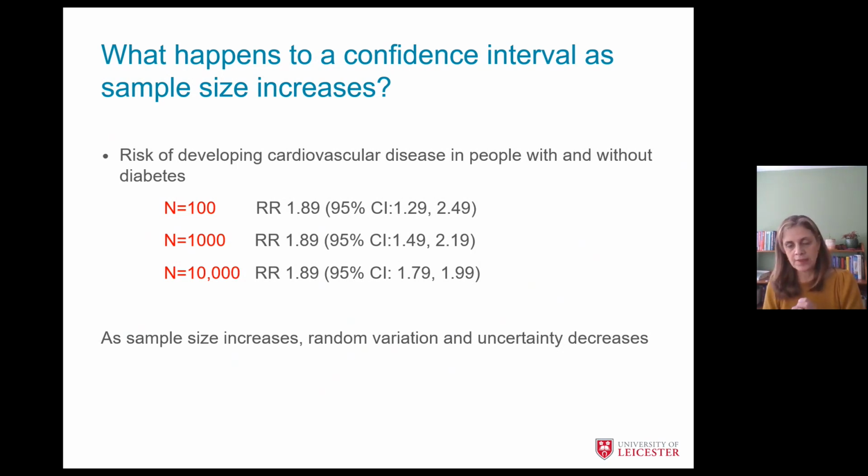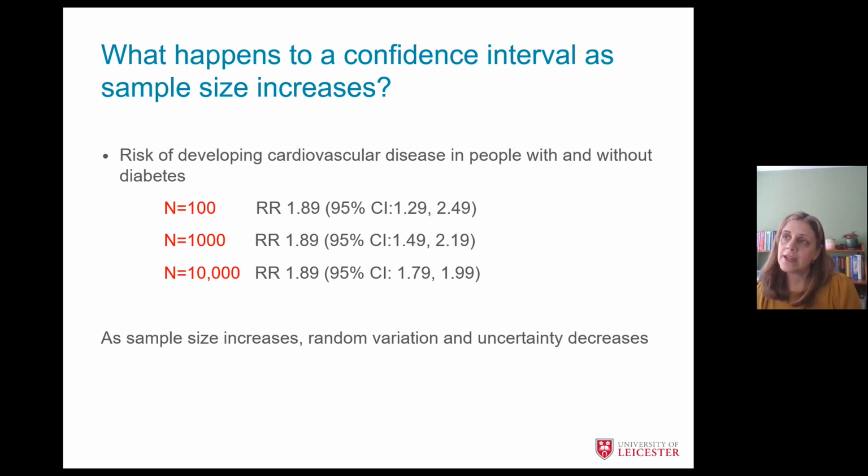We've reduced our uncertainty because you can imagine a study with just 100 patients, you're going to have more uncertainty there than when you've got a larger sample size. And when the sample size is increased even further to 10,000, we can see that the confidence interval narrows even further. So we've got even more certainty around our result.